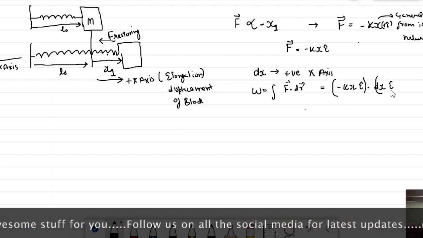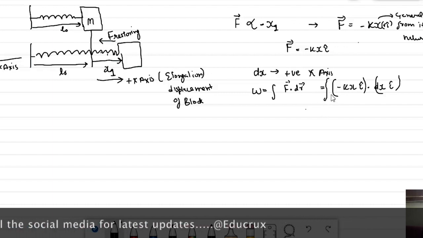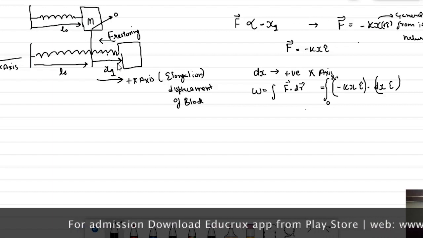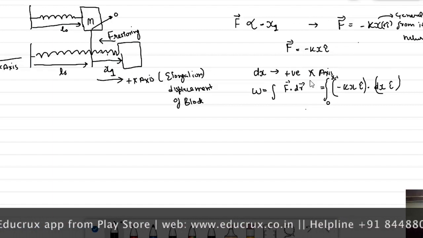So I have to take the dot product of these two quantities, and the integration will be performed from 0 to x1. The initial point where the block was, when it is neither compressed nor elongated, was 0, and the displacement of the block when it was elongated was x1.